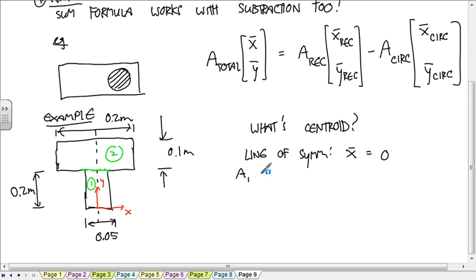So the area of body 1 is 0.2 times 0.05. So 0.01. The y component of the centroid of body 1 is 0.1 up because it's halfway up the height. So this is just going to be 0.1.